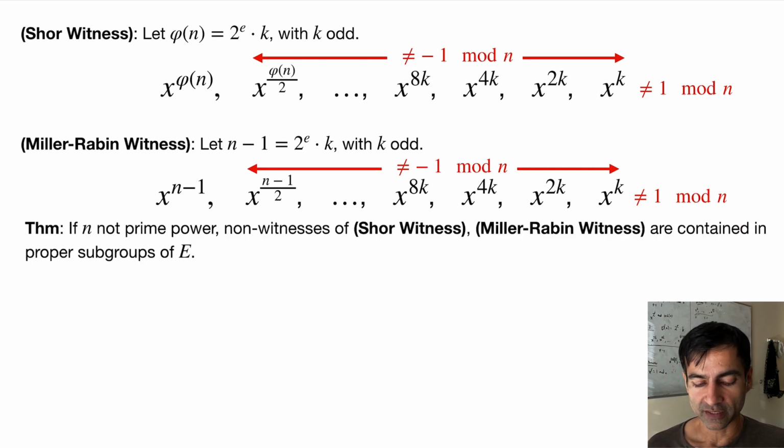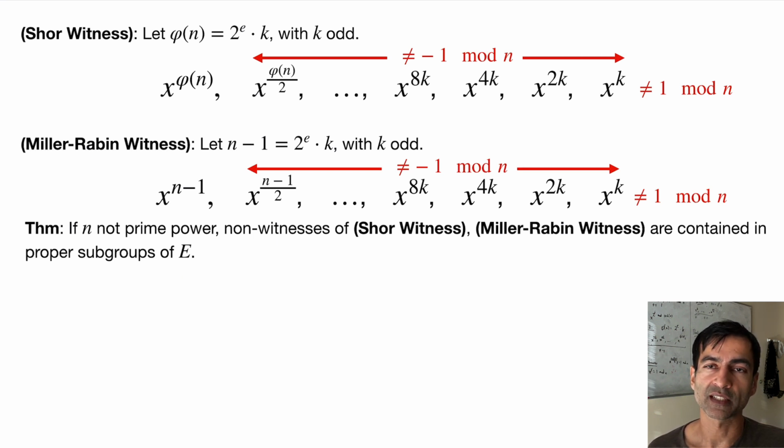Ultimately, what I'm going to prove is that if n is not a prime power, then the non-witnesses for both definitions here are contained in proper subgroups of E, in strict subgroups of E. Which means in particular that the number of non-witnesses is small.